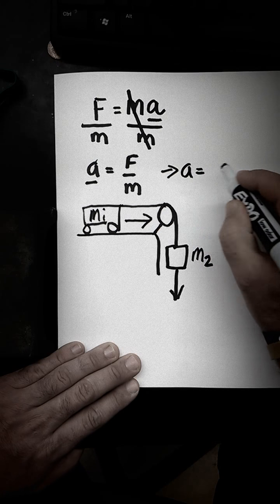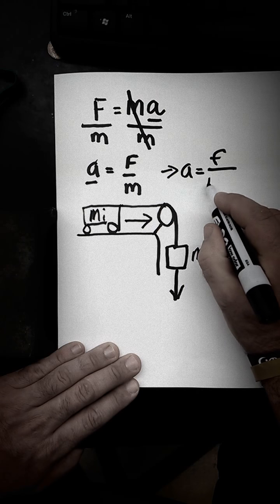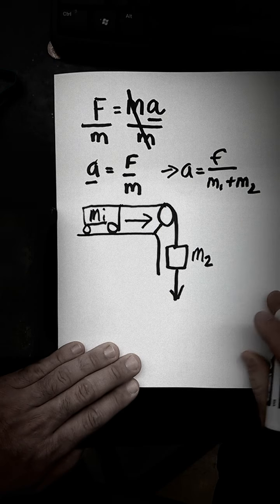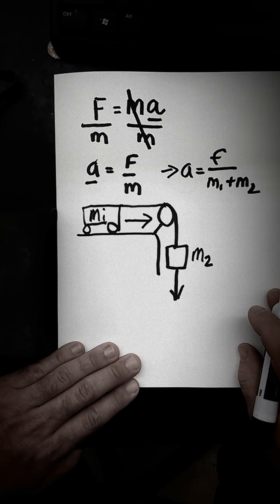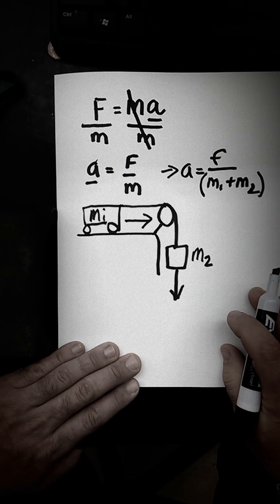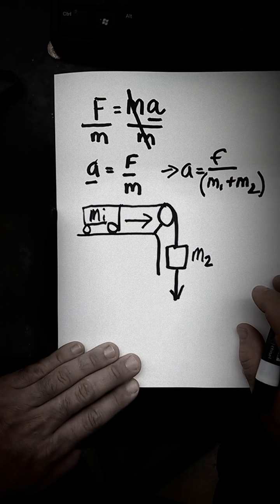Acceleration equals the force divided by M1 plus M2, because we're looking at a system here. Okay? So because it's part of the system, we've got to include both masses in the system, and the string is not counted in this situation. Although you may think it is, it's really negligible in the effect of the situation.